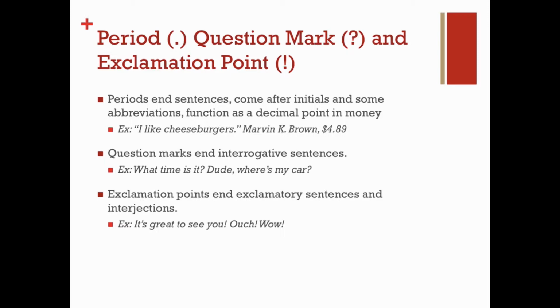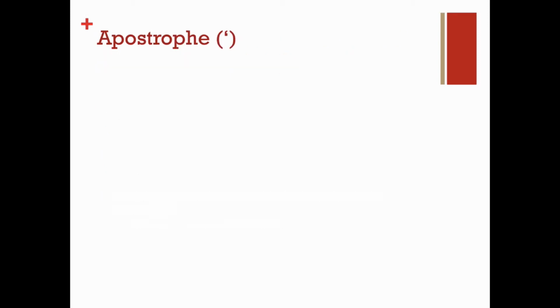So we can assume that the emotion in this sentence is one of excitement or happiness or joy. And then I have some examples of interjections there too, which are kind of special kinds of sentences. They are one word and they have an exclamation point at the end, but they also show emotion and strong feeling as well. The two examples I have here are "Ouch!" and "Wow!" Other examples would be "Whoa!" or "No way!" or things like that.